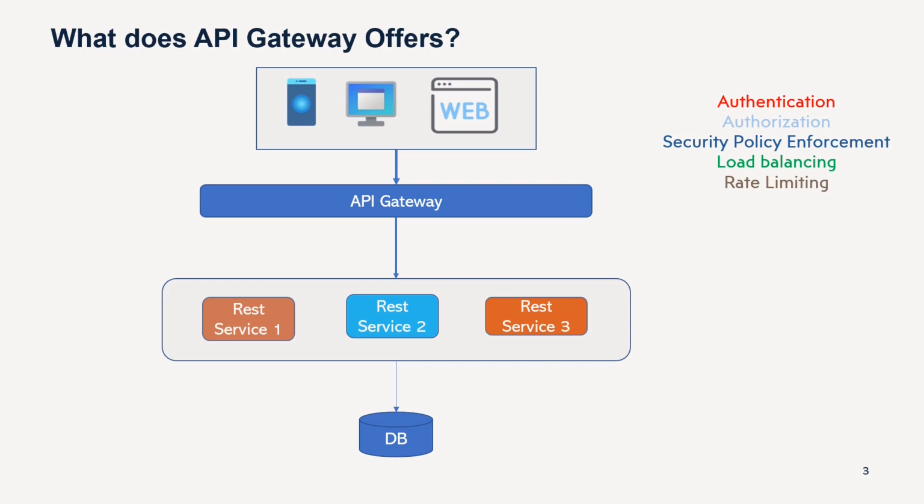To make sure that the application is performing well and there is no issue, what we do is basically drop those requests. That is called rate limiting. Whenever we have a certain requirement, like the system can fulfill this many requests, but beyond that we have to drop those requests, that is basically rate limiting. That can be configured in the API gateway as well.